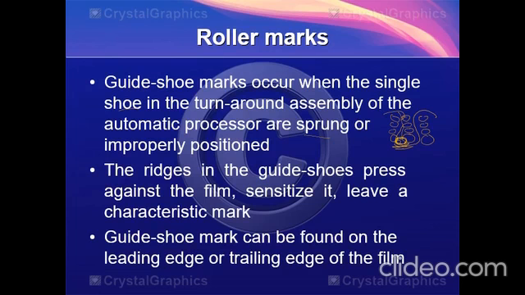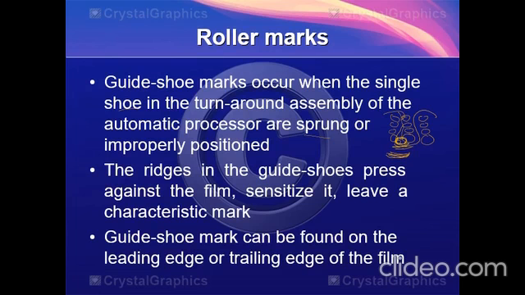The ridges, kasi para siyang metal, the ridges in the guide shoe press against the film. Yung ridge, para yung surface niya. So, if improperly positioned, iniipit niya masyadong tight yung film, hanggang sa masensitize na.